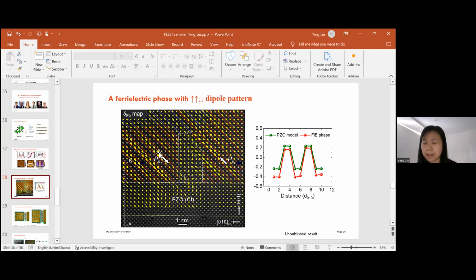The antiferroelectric phase is related to its thickness. When it goes to very low thickness, it's reported to be more like a ferroelectric phase, and from my result, it's also more like a ferroelectric phase. And there are these two types. One is the ferroelectric phase, and another one is also ferroelectric, with dipoles along exactly the same direction. Okay. Thank you.